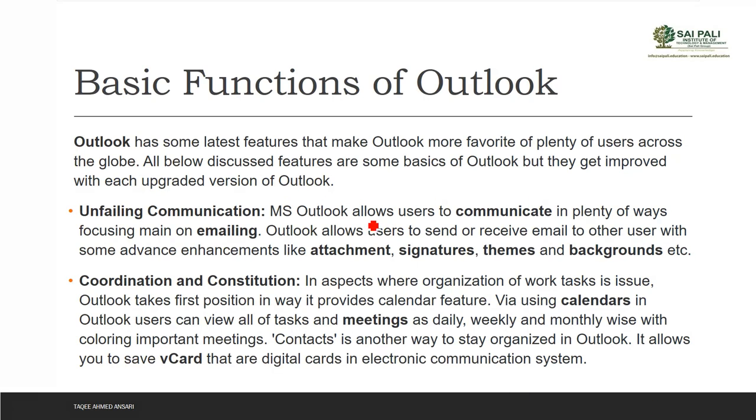Microsoft Outlook allows users to communicate in plenty of ways, focusing mainly on emailing. Outlook allows users to send or receive mails to other users with some advanced enhancements like attachments, signature, theme and background, etc.